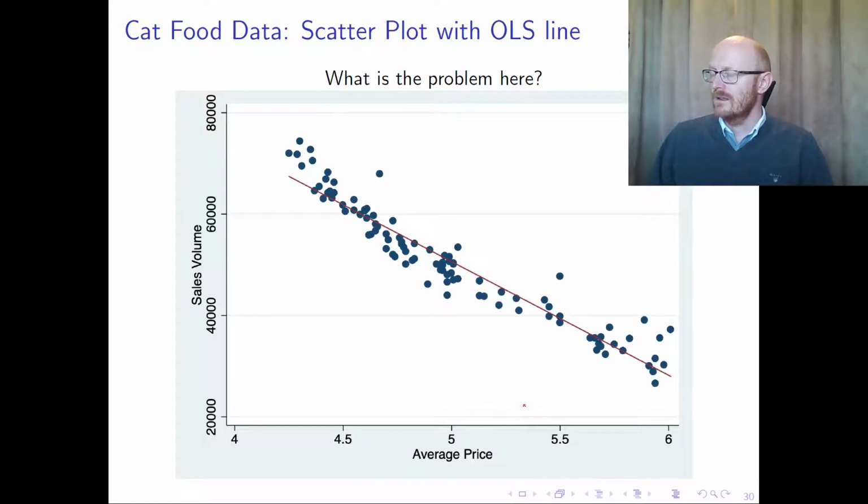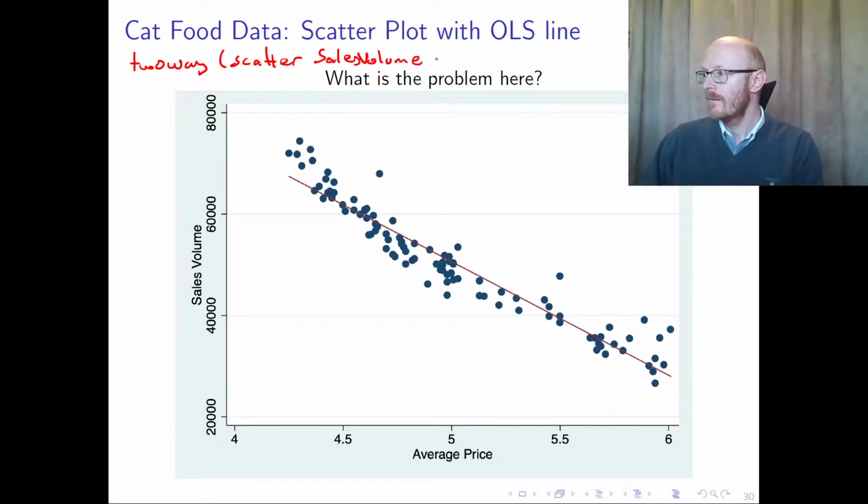So if we plot this, to make this we just write twoway scatter, and we are taking the sales volume on the average price.